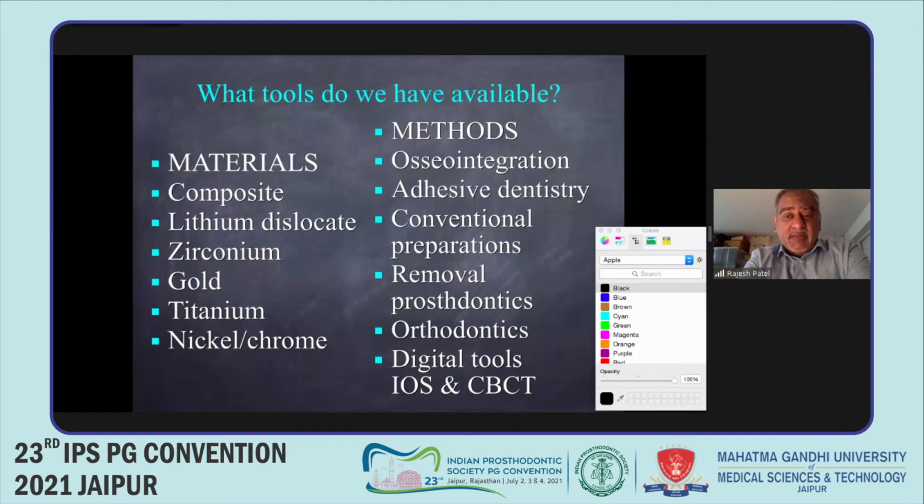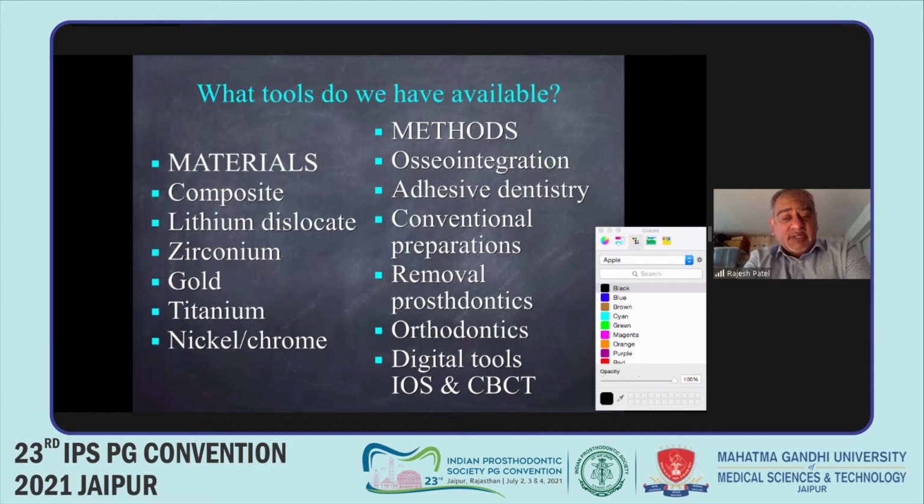And if you can keep enamel, then you're doing very well. Conventional preparations I tend to avoid if I can. And my preparations are probably unconventional in the fact that they're very, very minimal. And I'll try and use the materials and extend the materials beyond their capacity just to provide some treatment.